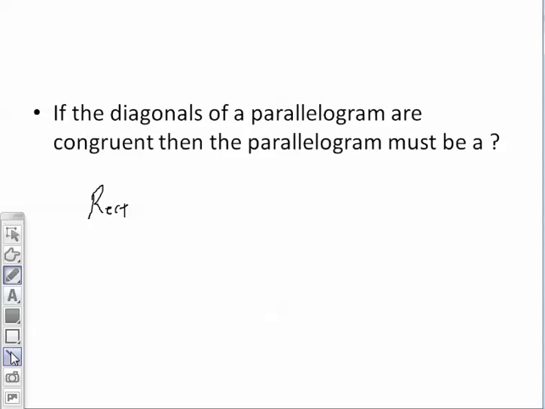Now, I just want to make certain I draw that and make certain I'm looking at this. If you look at a rhombus, and I drew almost a square there, okay? In a rhombus, the diagonals, are they going to be the same? Not necessarily.